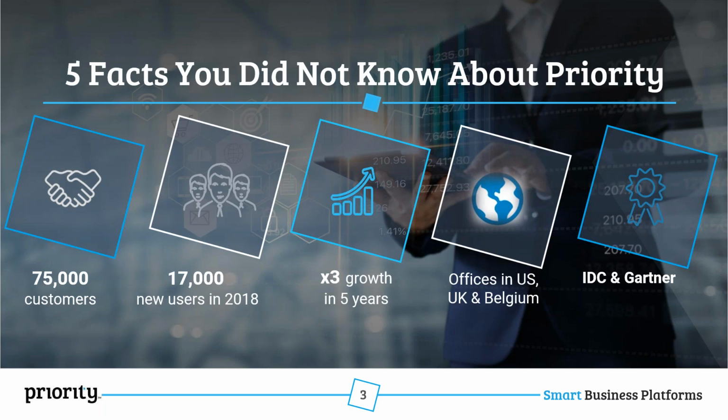We have offices in 3 countries besides Israel: US, UK, and Belgium. And finally, Priority was recognized by leading analysts, IDC and Gartner, as an innovative, modern, and flexible ERP product, and Priority appears in lists of leading ERP systems around the world.